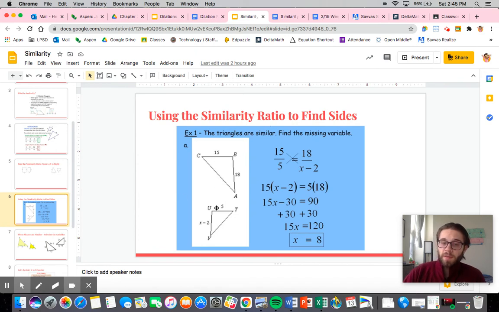So the 15 over 5 has to be equal to whatever 18 over x minus 2 is. And then from here, it's going to be the same process of solving with proportions that we were working on in the past, right? You're going to cross multiply. Don't forget to distribute the 15 to both the x and the negative 2. And then you would simplify to solve for x.